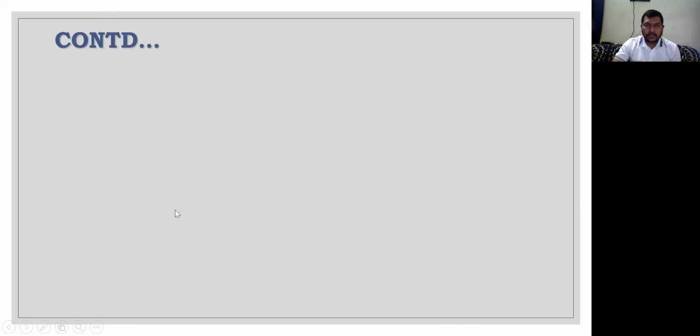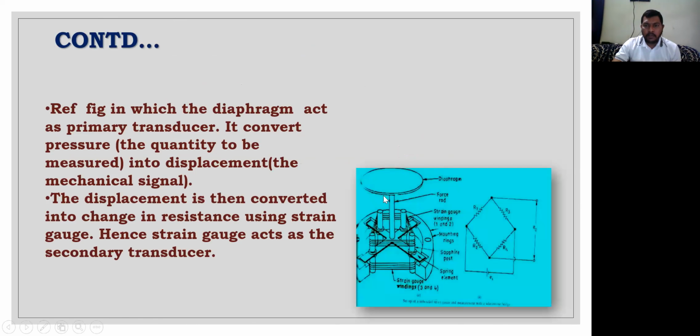I will show this also. If you are able to see over here, this is a strain gauge transducer. Now this is a diaphragm. This diaphragm acts as the primary sensor, and this acts as the secondary transducer.